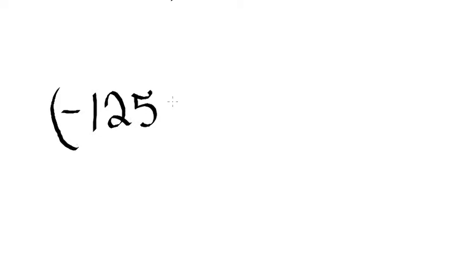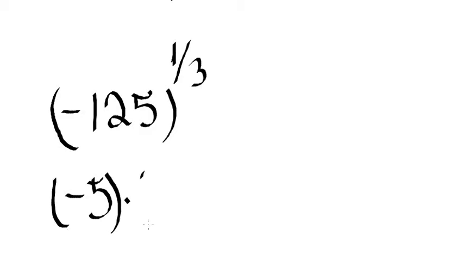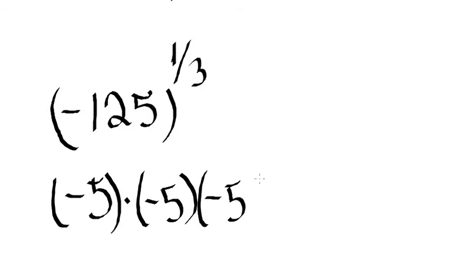All right, what about this one here? We have negative 125. Now looky here, it's all in parentheses, raised to the 1/3. So we need a number that when we multiply together gives us negative 125. What if we had negative 5 times negative 5 times negative 5?